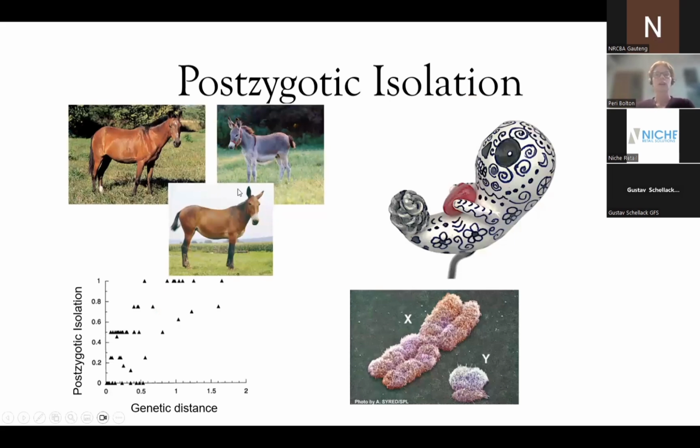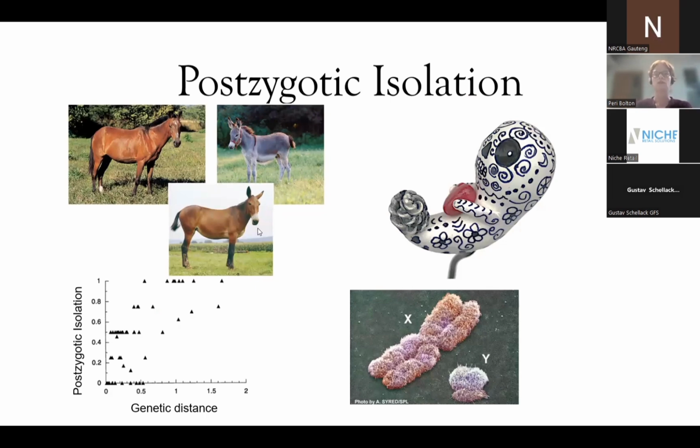Indeed, when we think of hybridizing species, usually what comes first is infertility. This is a process known as post-zygotic isolation. Don't worry about the word, it just means after the babies are made, there's something that is stopping the two species from continuing to hybridize.